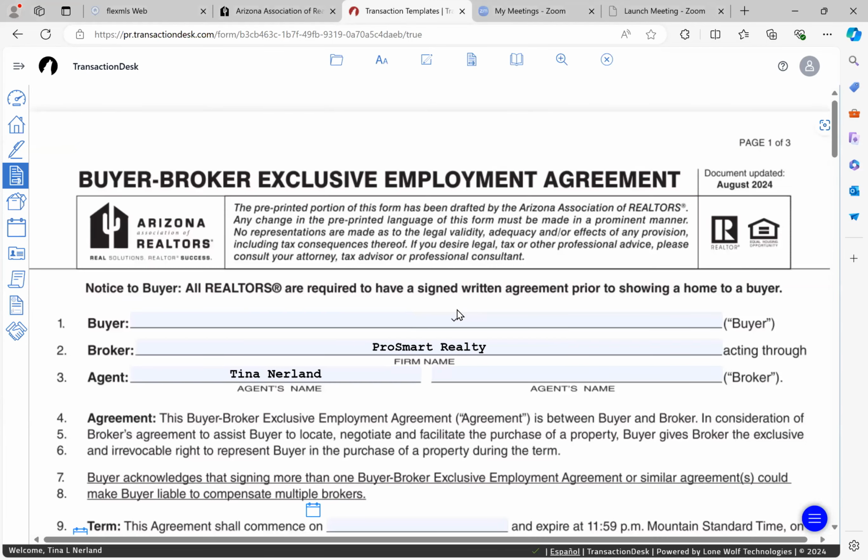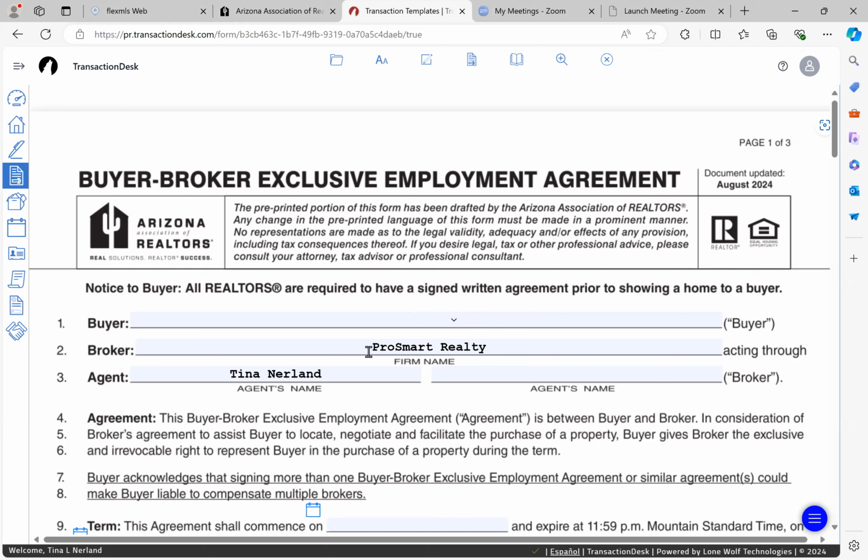Alrighty, let's see. Next, buyer broker exclusive employment agreement. I love this form. Never used it until the first, because at that time I did not want somebody to feel that they had to use me. But now I'm all for it and I love it. Okay.